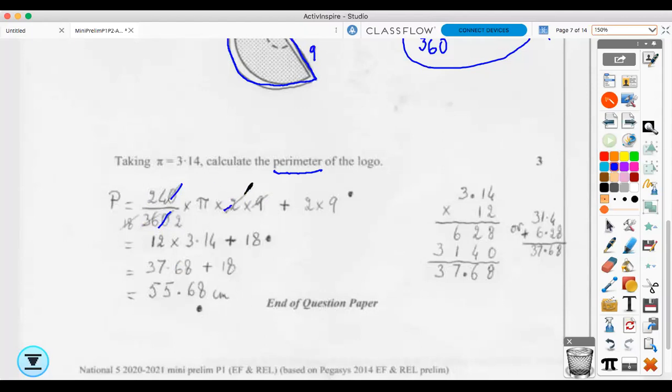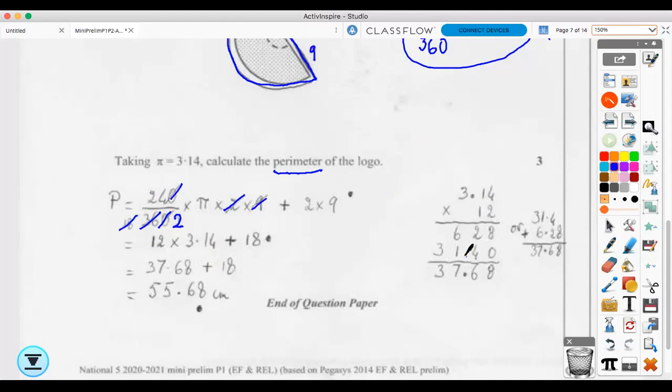So by getting rid of 18 and 36, you just end up with 2 here. So it's easier to divide 24 by 2 than it is to multiply 24 by 36, because 24 divided by 2 is just 12. Now the only thing I've got left to do is 12 times 3.14.